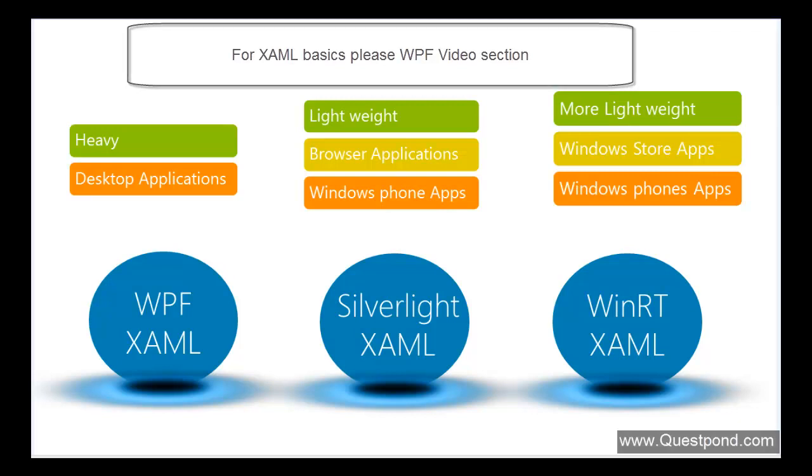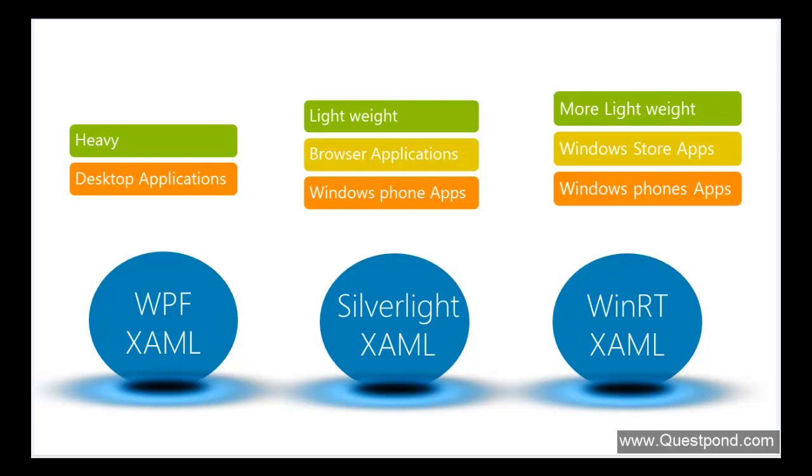As we know, when Microsoft first launched XAML with WPF, it was meant for heavy applications like desktops. But later on they launched something known as Silverlight. In this they changed the flavor of XAML and added some new facilities, meant for lightweight applications. Silverlight was running that XAML in the browser, and at that time they also launched something for Windows phones.